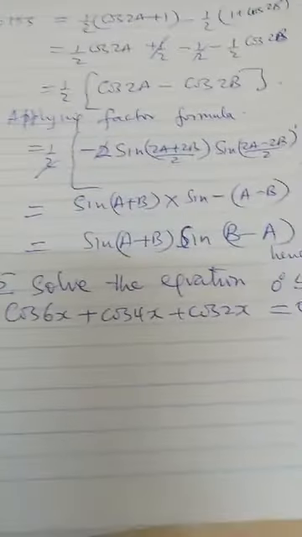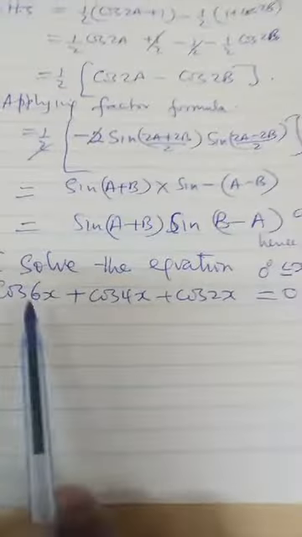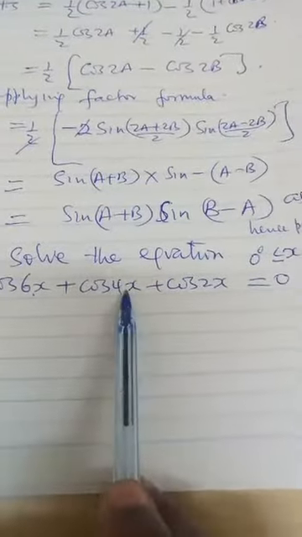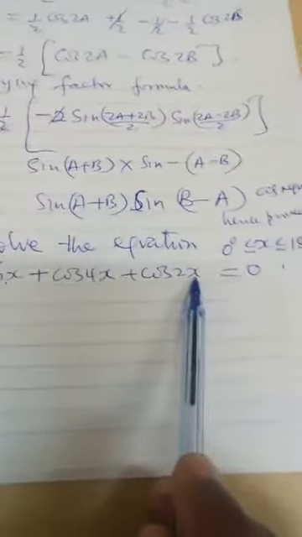The reason I'm taking this on is it is a unique one. As you can notice, it has 3 parts: cos 6x, cos 4x, and cos 2x. The interpretation here is you look at 6x, look at 4x, look at 2x, and see which one will be neutral. There will be a common factor.